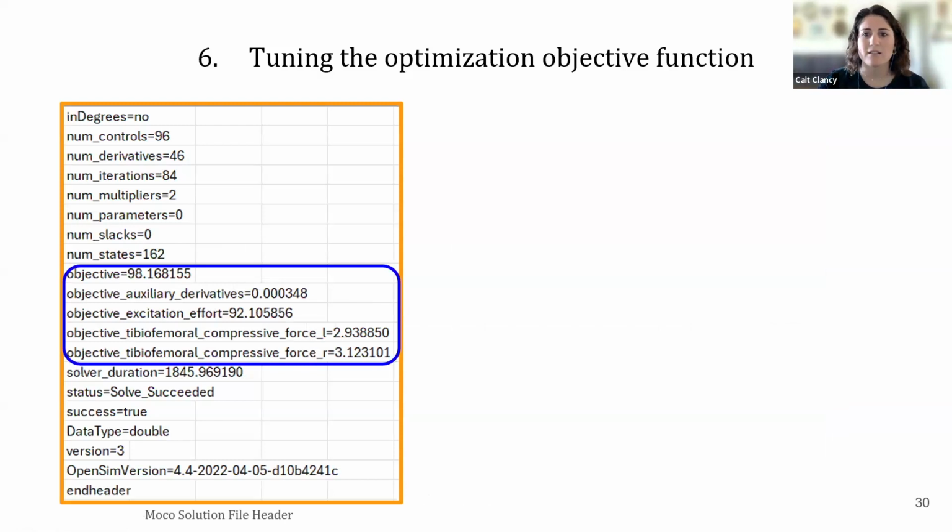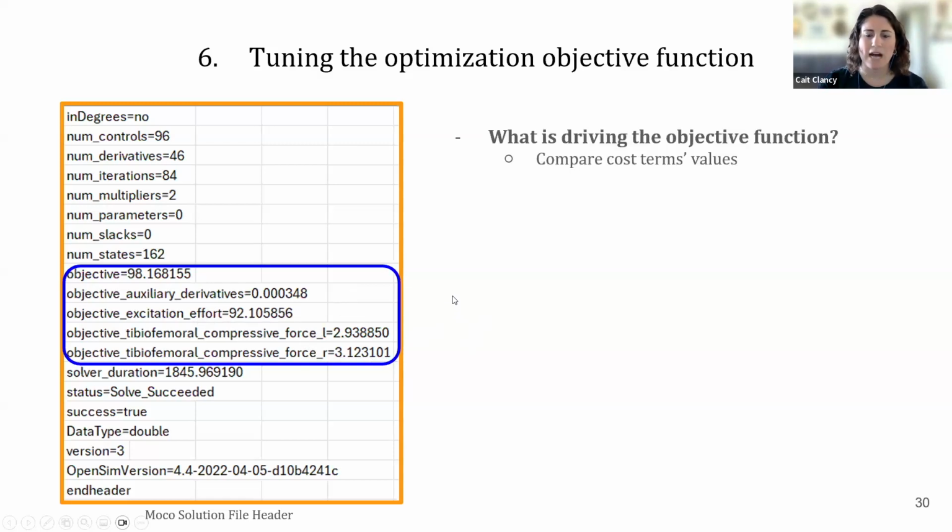So these lines pertain to the objective function. And that first line is our absolute value of the objective function. And then we see the value of each of the cost terms that add up to this objective function. So we have that auxiliary derivatives term, the excitations, and then the tibial-femoral force terms. And when we look at this section of the header, we can ask ourselves, what is driving the objective function?